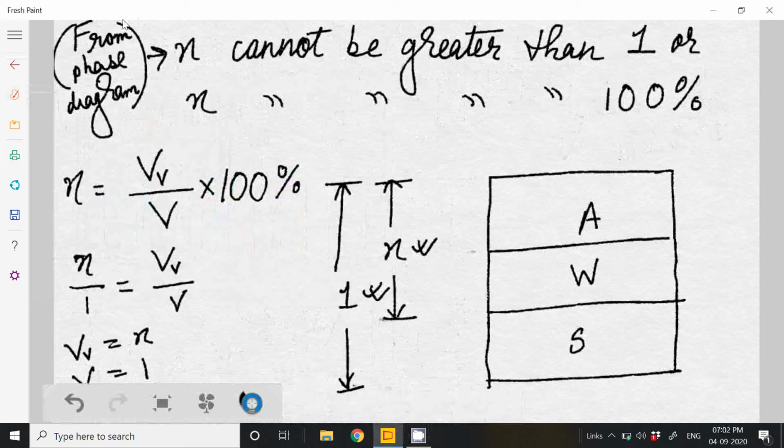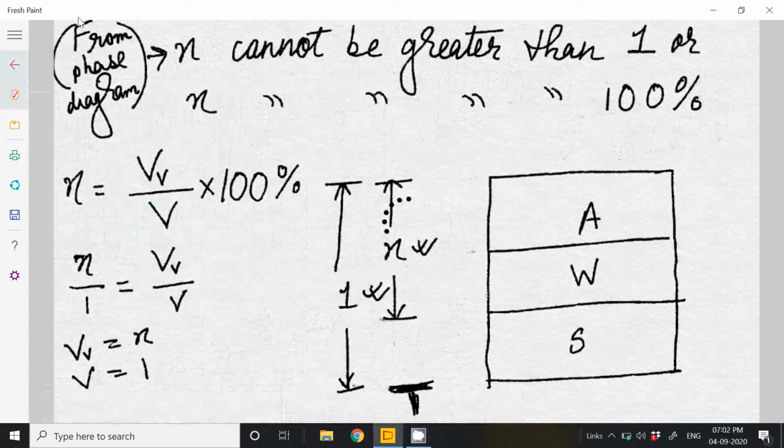So ultimately n can never be greater than 100%. Okay, so if n is equal to 1 means n is equal to 100%, and n cannot go beyond this limit. So n can never be more than 100%.